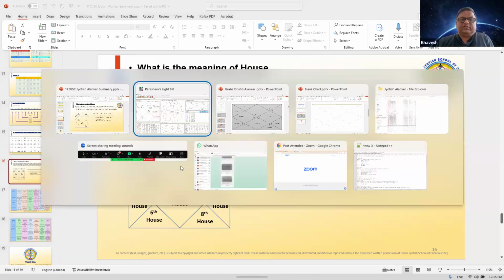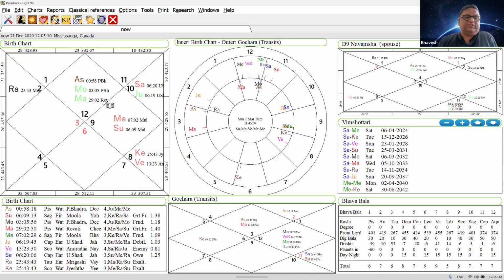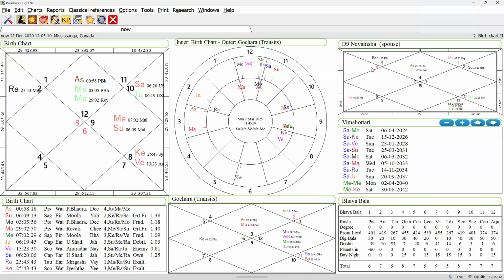For example, this is one person's chart. The moon is sitting in Pisces, so this person is a Pisces Rashi individual. Wherever your moon is sitting, that number is your Rashi.